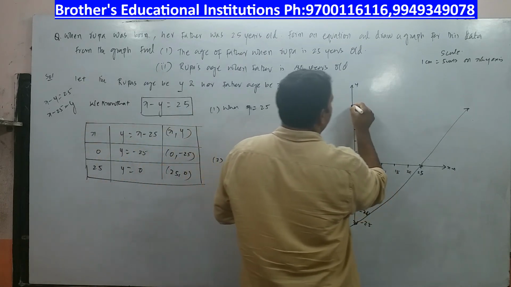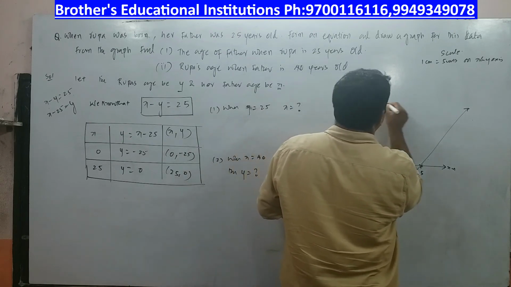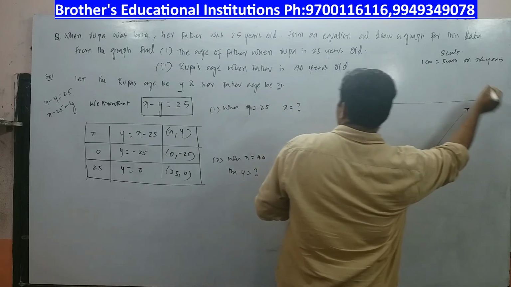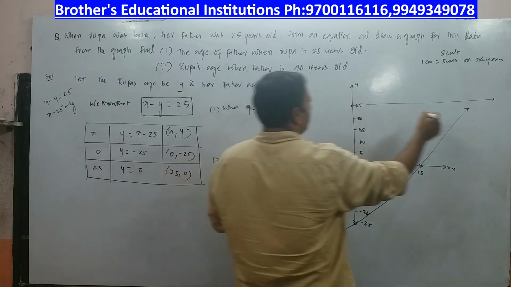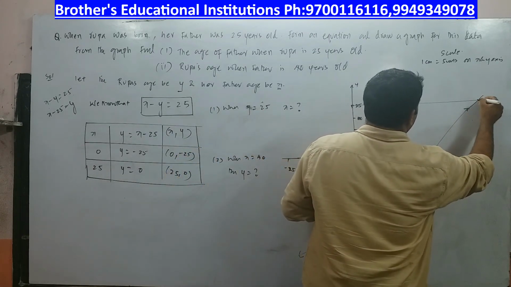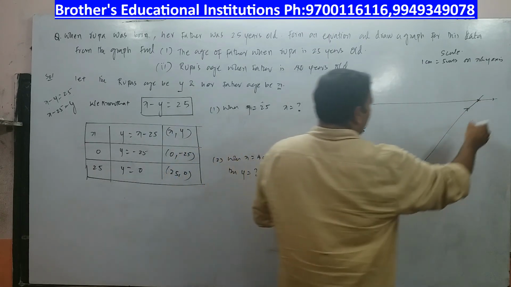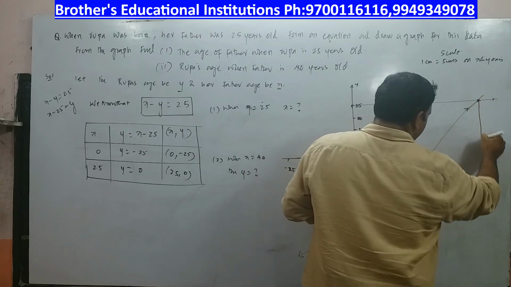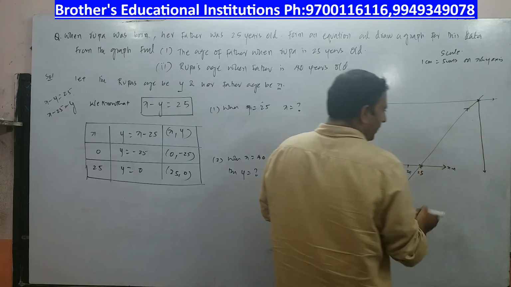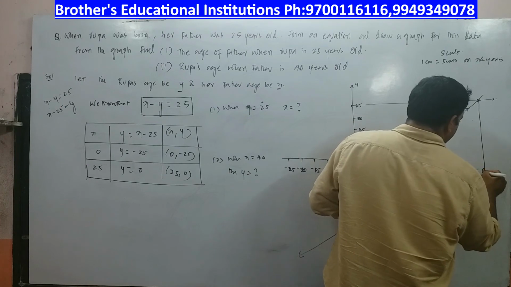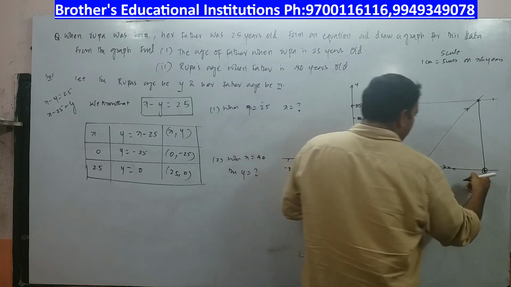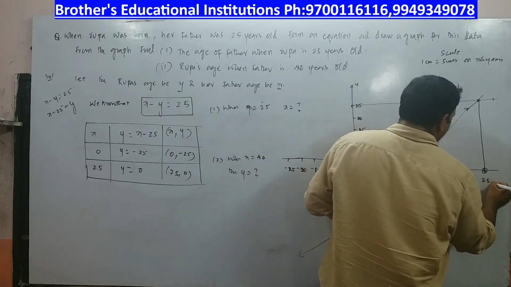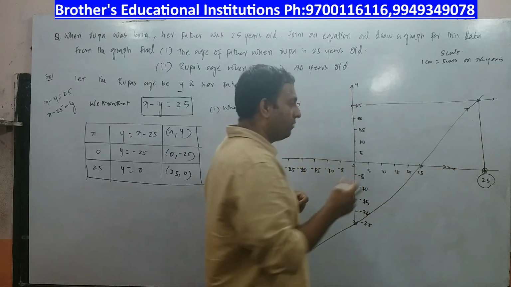I am going to draw a line parallel. Y is equal to 25 is a line parallel to the x-axis, and you see where it intersects. When it intersects, you must drop a line perpendicular this side. Please check in your graph whether you are getting 25 or not.